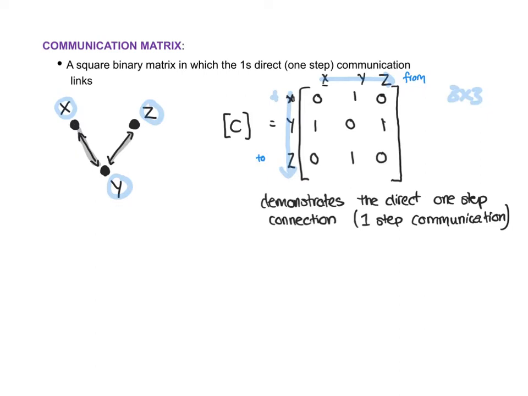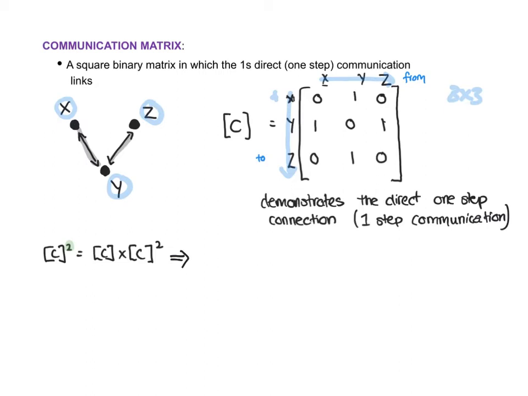If I square matrix C, which means C times C, we can just pop it into our calculator. When we square the communication matrix, it will produce a matrix that shows us 2-step communication. I'll do that here and show you what it produces.